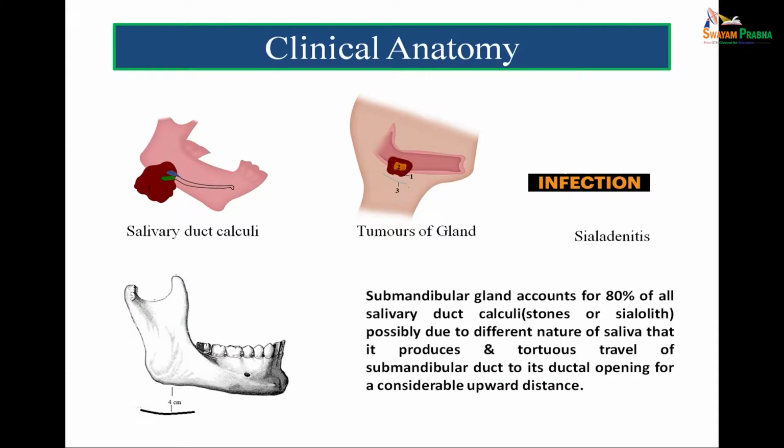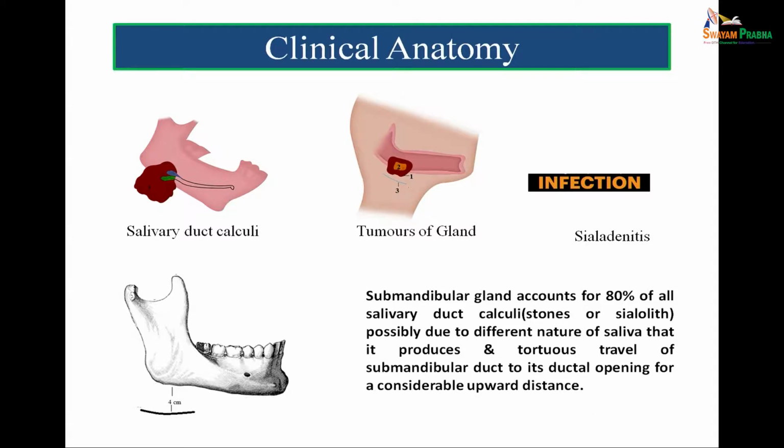The submandibular salivary gland accounts for 80% of all salivary duct calculi, stones or sialoliths. So it is notorious for having stones associated with it, and there is a reason for this.